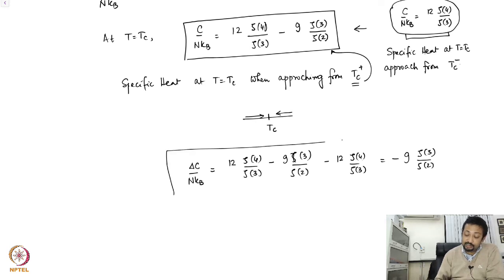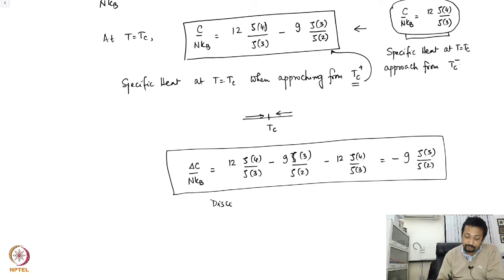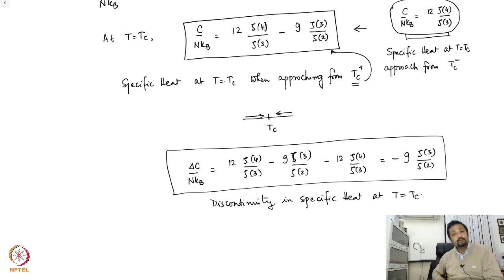So there is a discontinuity in the specific heat at the critical temperature T equal to Tc.